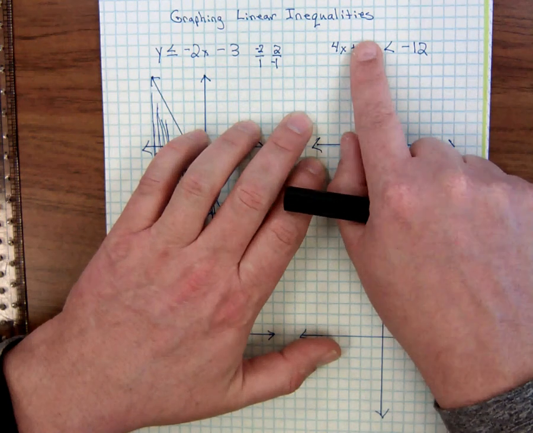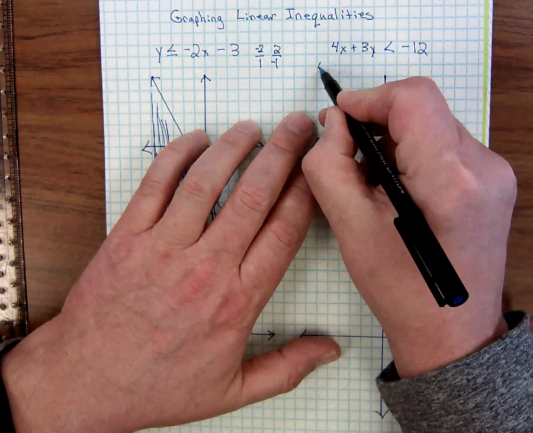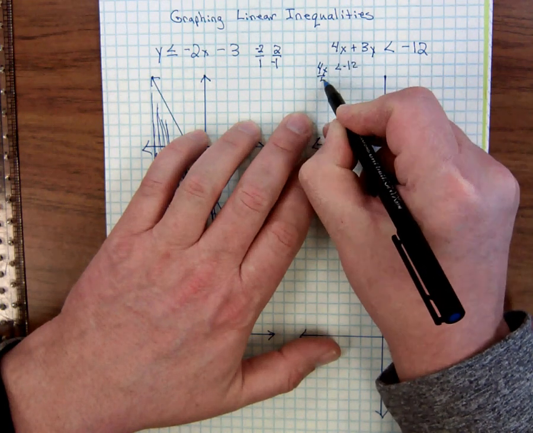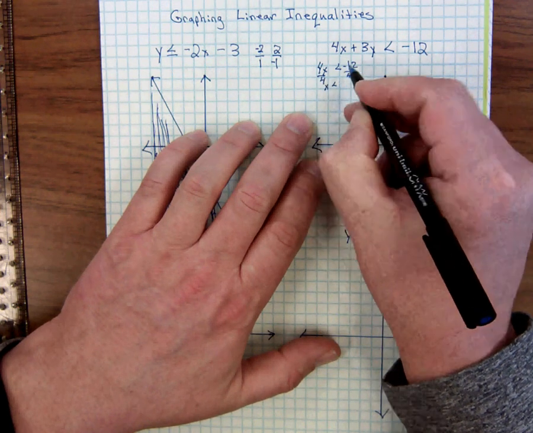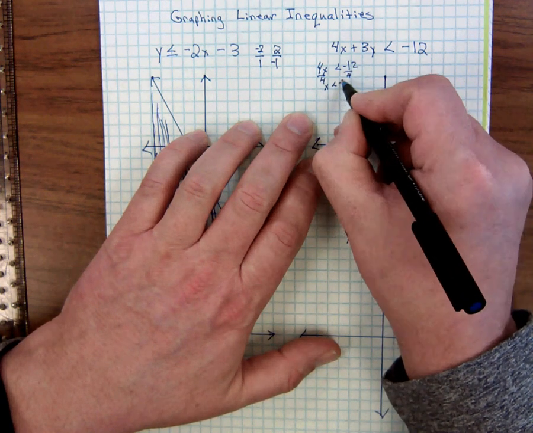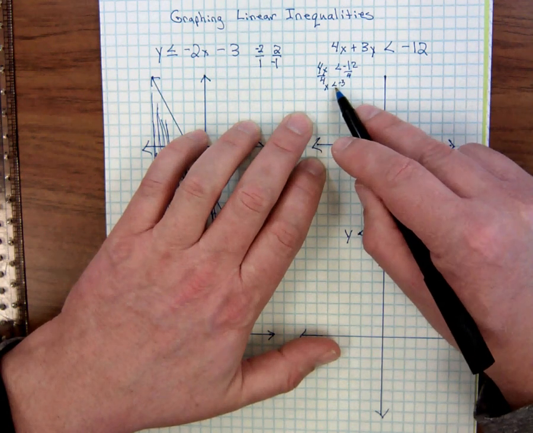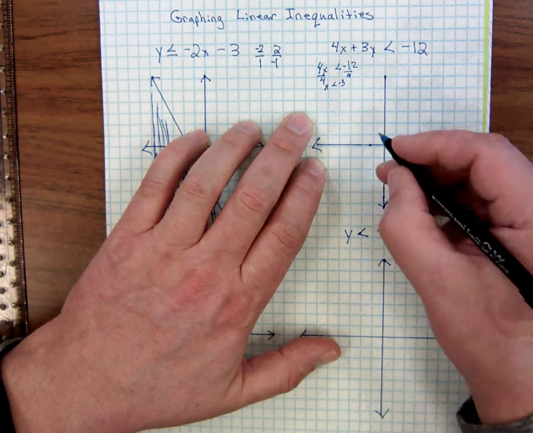So if y were 0, we would have 4x is less than -12. We would then divide by 4, and we would end up with x is less than -3. We're not really concerned with the less than symbol right now, so our x-intercept is at -3.